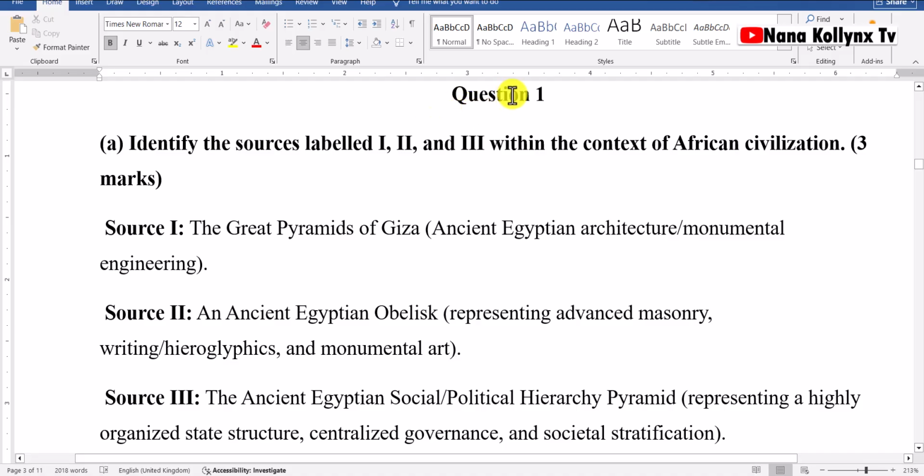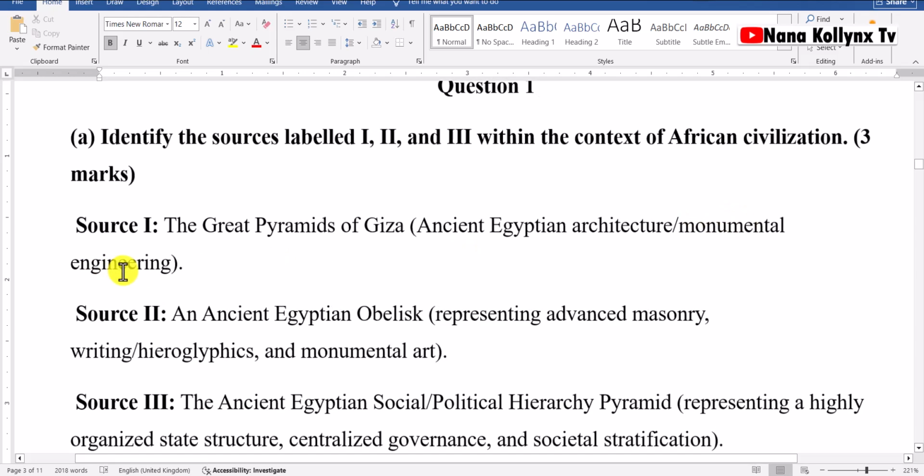Question 1. The sources were: source 1 was the Great Pyramids of Giza, which attested to Egyptian architecture and monumental engineering. Okay? Good.